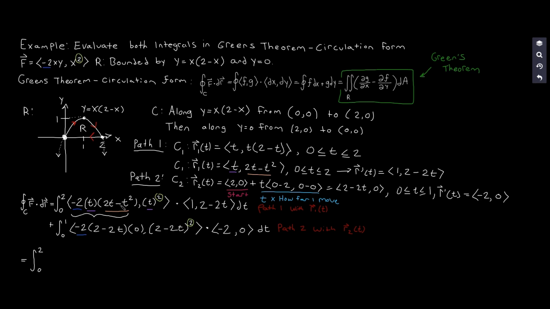Wait, no. First we'll do t. T is going to get applied to 2t. This is going to become 2t squared minus t cubed. Then we'll apply this. Negative 2 is going to get multiplied. Okay.